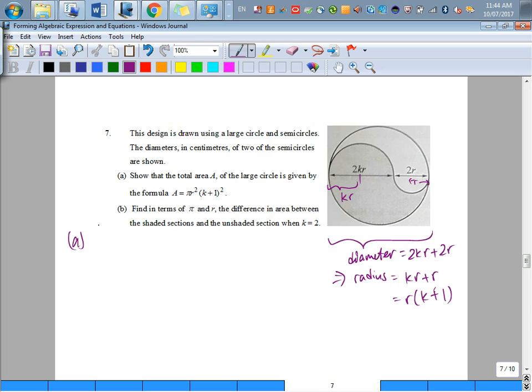So area equals pi times radius, which is r times k plus 1, squared. Pi r squared times k plus 1 squared. Shown. Now part B, find the difference in area between the shaded and unshaded sections.